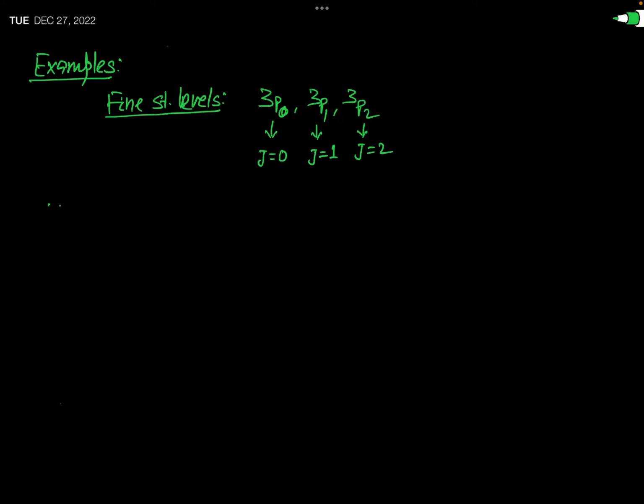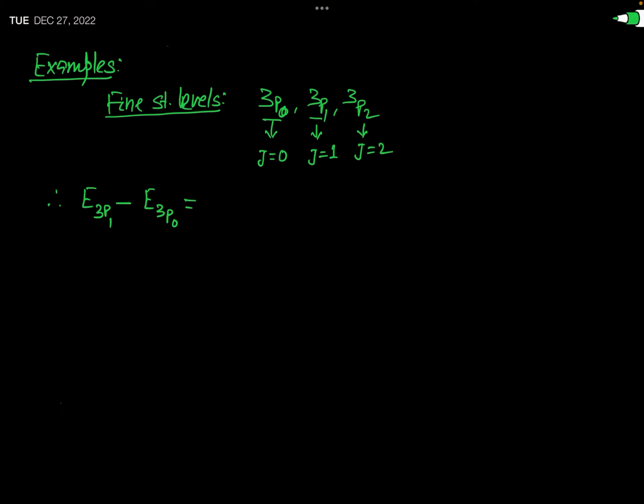And therefore, if you want to find the energy difference between the energy levels 3p0 and 3p1, then we will simply write energy of 3p1 minus energy of 3p0.